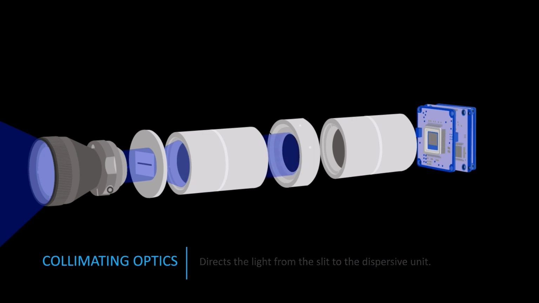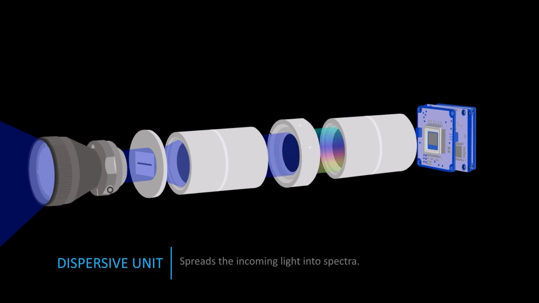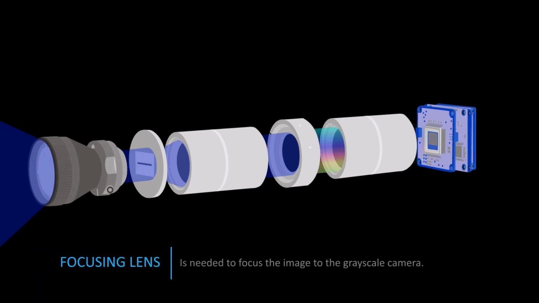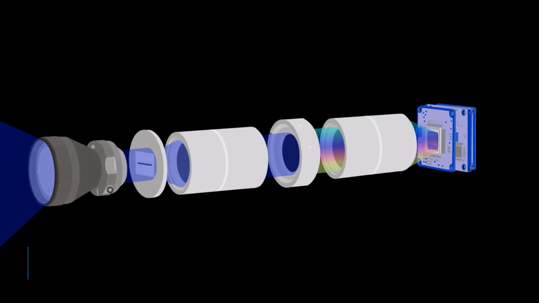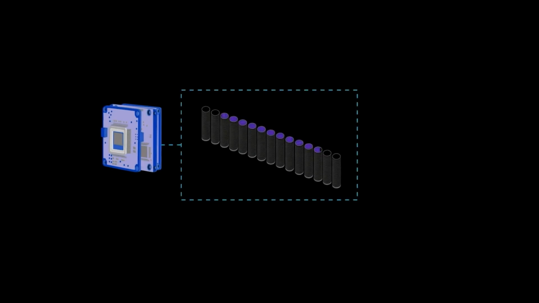With the dispersive unit, the incoming light spreads into the spectra. The focusing lens is needed to focus the image to the grayscale camera. The grayscale camera is used to measure the intensity of the dispersed light. Now we have a spectral image, and in this image, every row contains intensity information from a different wavelength.